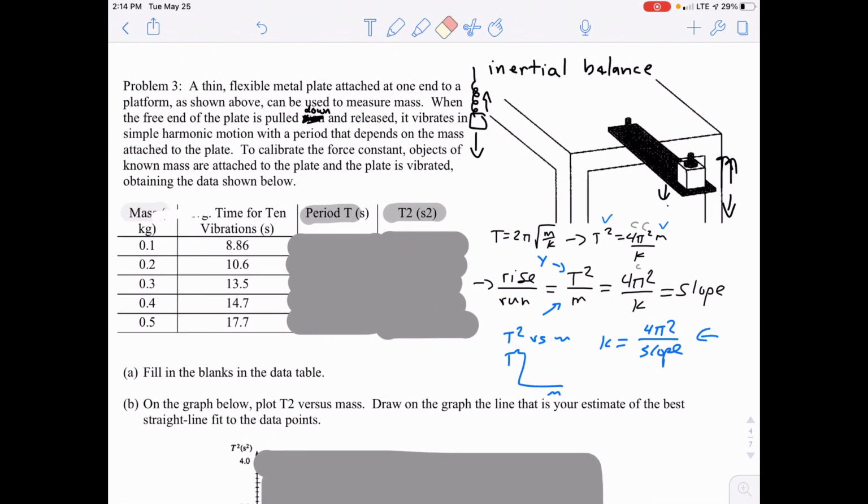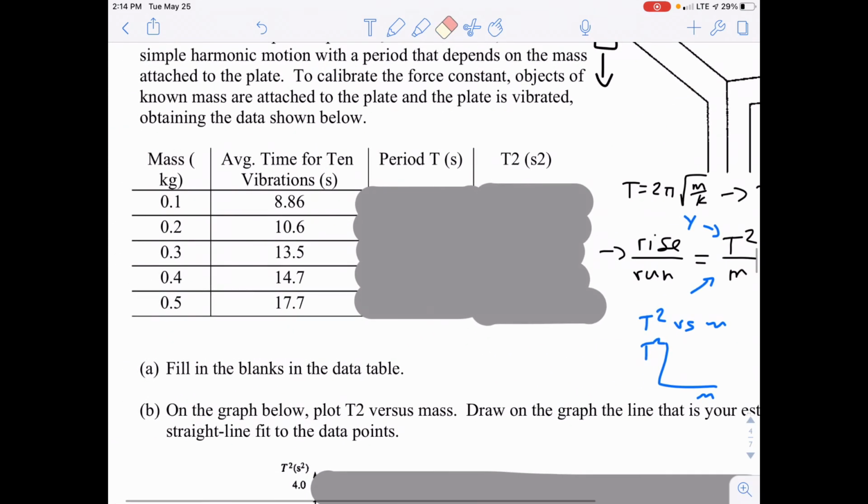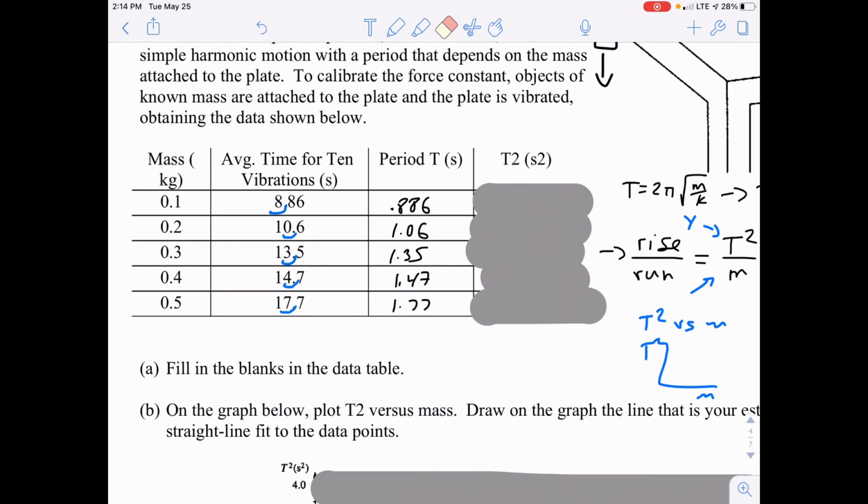First, let's figure out the rest of this table. If the average time for 10 vibrations is in this column here, all we need to do to get the period, which is the time for one oscillation, is simply move the decimal one place to the left. In other words, divide by 10. And we get a period of 0.886, 1.06, 1.35, 1.47, and 1.77.